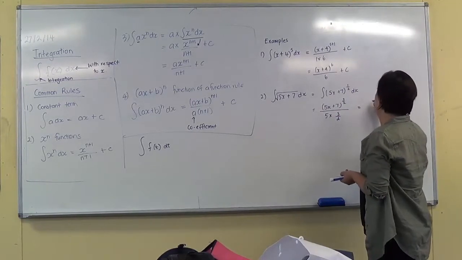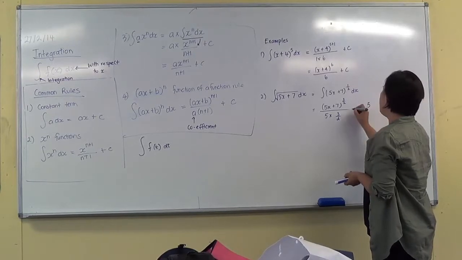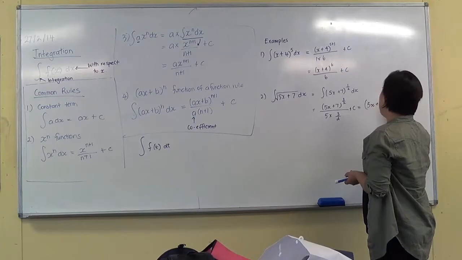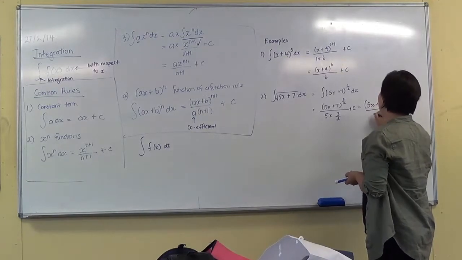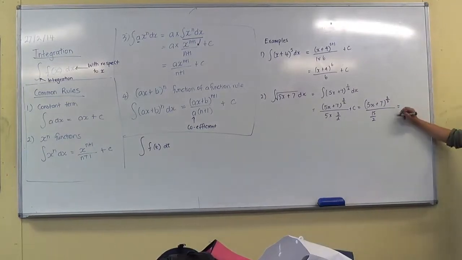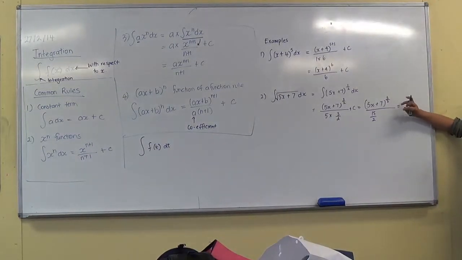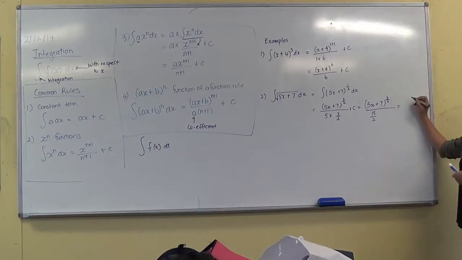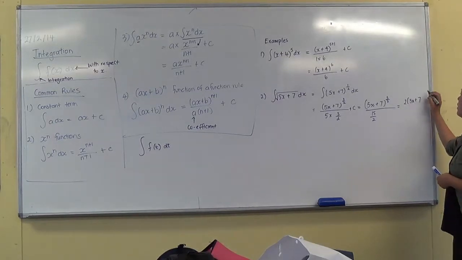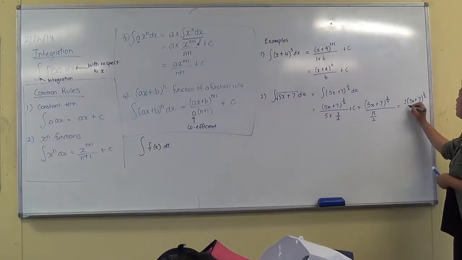So this is going to give you 3 on 2, and that's 15 on 2. How do we change this into a single fraction? Do you know what this is as a single fraction? 2 outside, 5x plus 7 to the power of 3 on 2, all over 15.